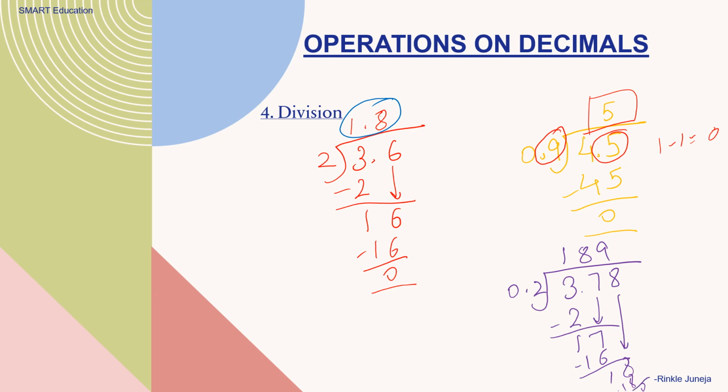So now over here, there is one digit after the decimal point and here there are 2 digits after the decimal point. So we'll do 2 minus 1, total 1 digit. So we'll put the decimal point before 1 digit. So the answer will be 18.9. I hope this is clear.